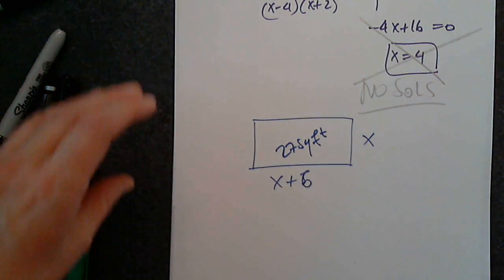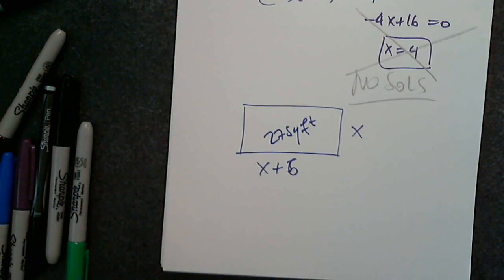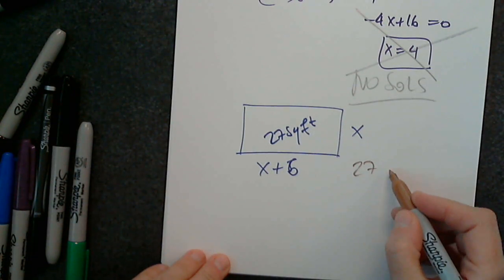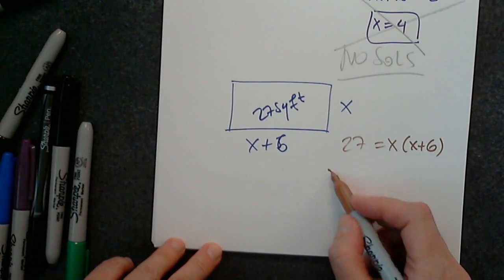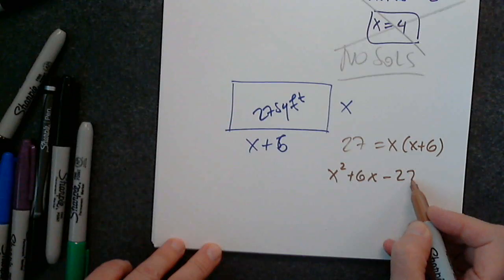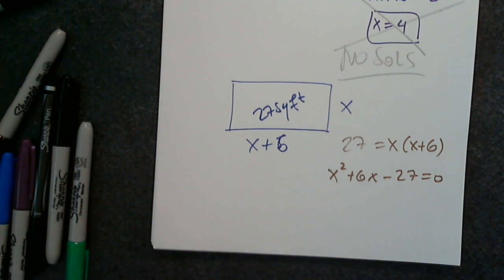Any suggestions here? Area would be base times height. Very good. So then 27 equals x times x plus 6, which means x squared plus 6x minus 27 equals 0, because this is a quadratic equation.